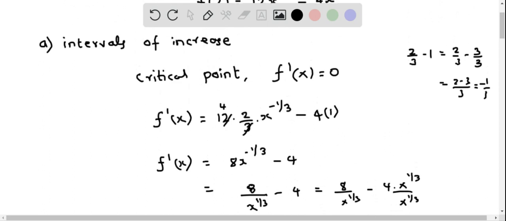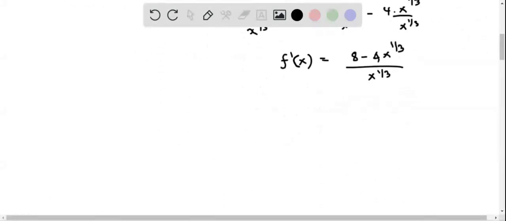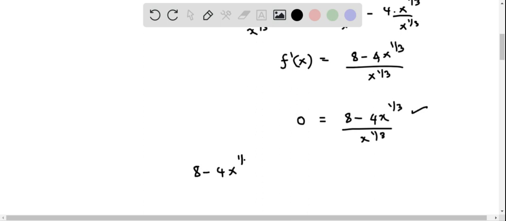Now we have to set this equal to 0. So replace f prime of x with 0 and solve for x. So we get 0 equals (8 minus 4x^(1/3)) divided by x^(1/3). And so this is 0 when the numerator is 0. It is 8 minus 4x^(1/3) equals 0.